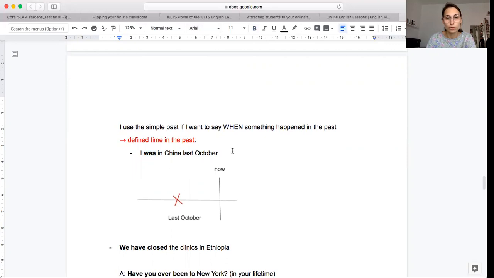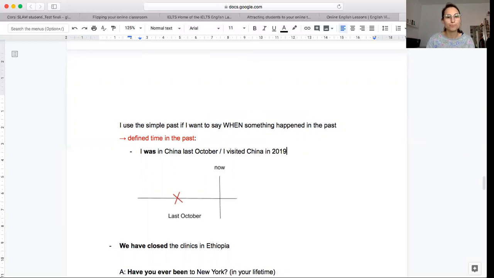Okay, if you want to use the same verb, it could be I visited China last October. Or, for example, I visited China in 2019, specific time, just 1 year, in 2019, or in October 2019, so specific time, okay?